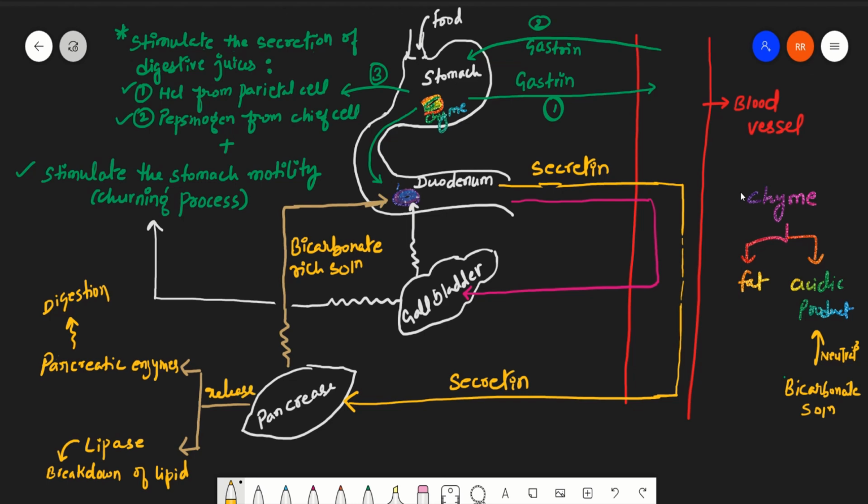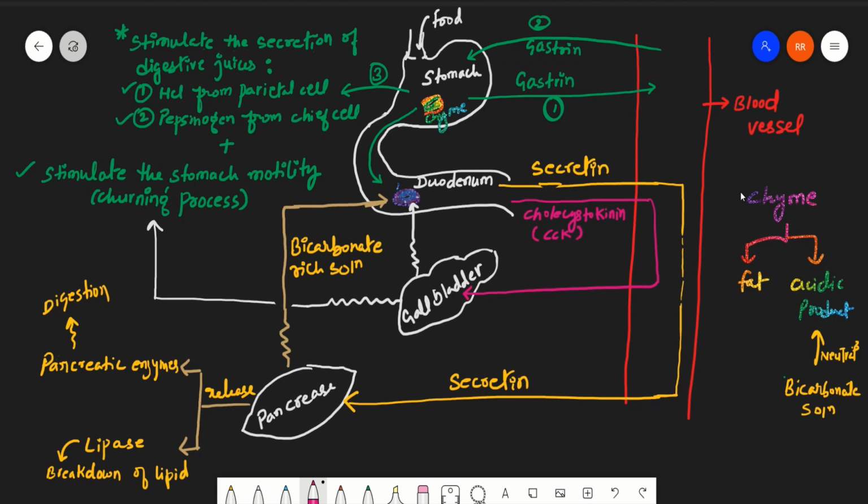Now another hormone secreted by the duodenum in response to the chyme is cholecystokinin, short form CCK.